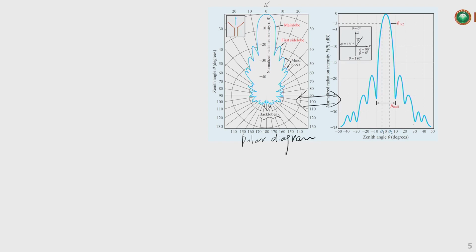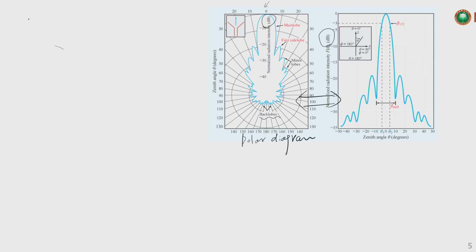If we look at the unit of these lines, we can see that they use the decibel scale, right? We cannot use the linear scale, the decibel scale.